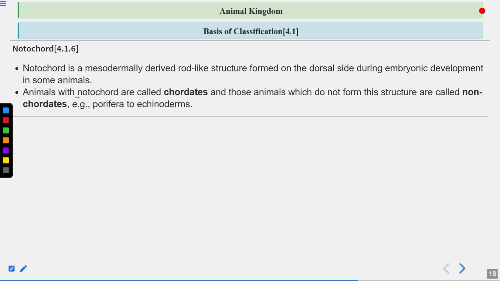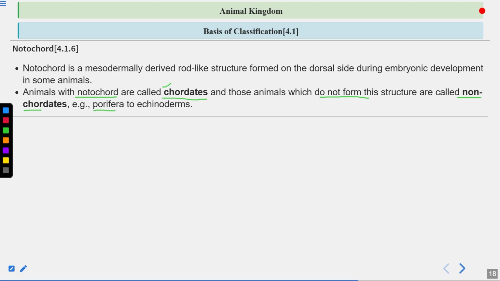So the animals with notochord are called chordates. Animals in which the notochord is present, they are called chordates. And the animals which do not form this structure are non-chordates.